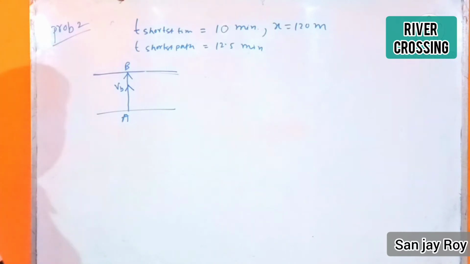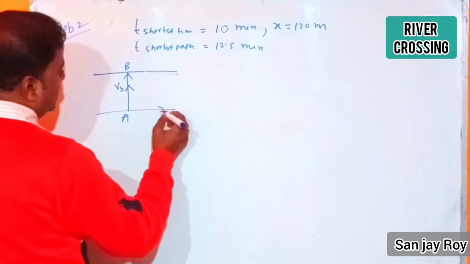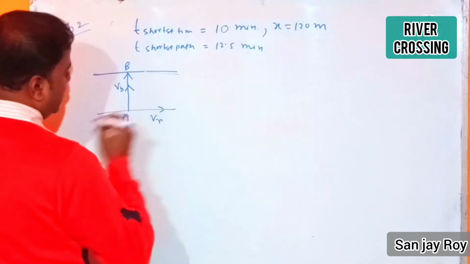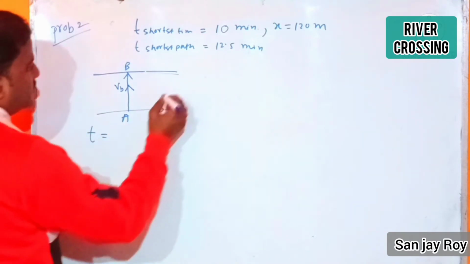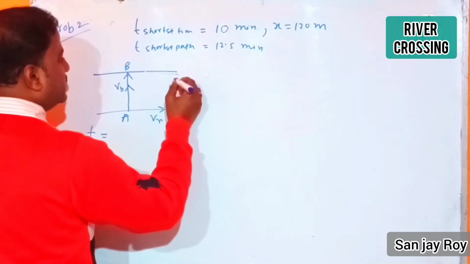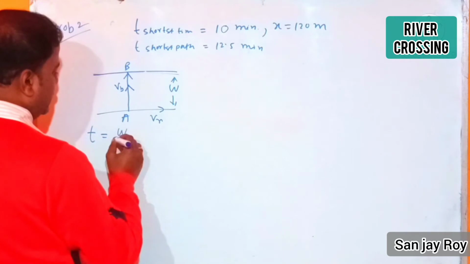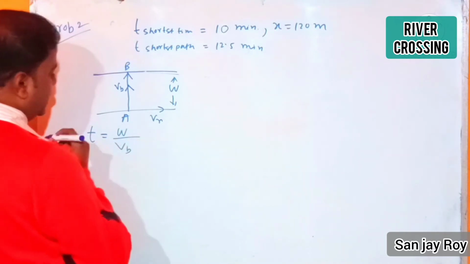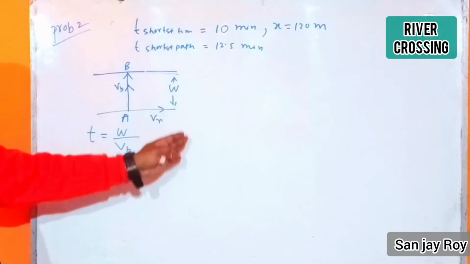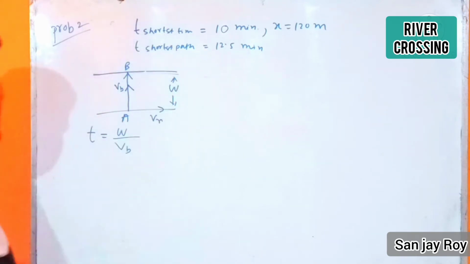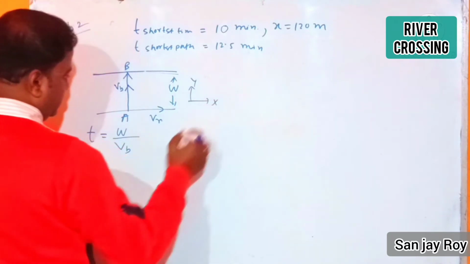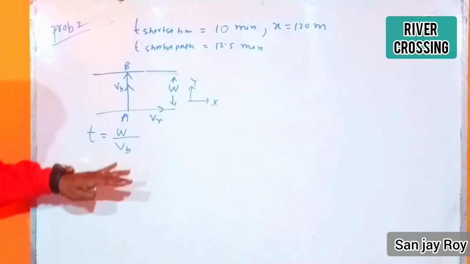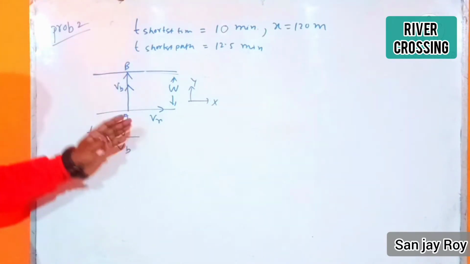That is, the boat moves across the river. This is the river current VR, and this time t equal to W by VB. W is the displacement along y direction. Say this is y direction, this is x direction.